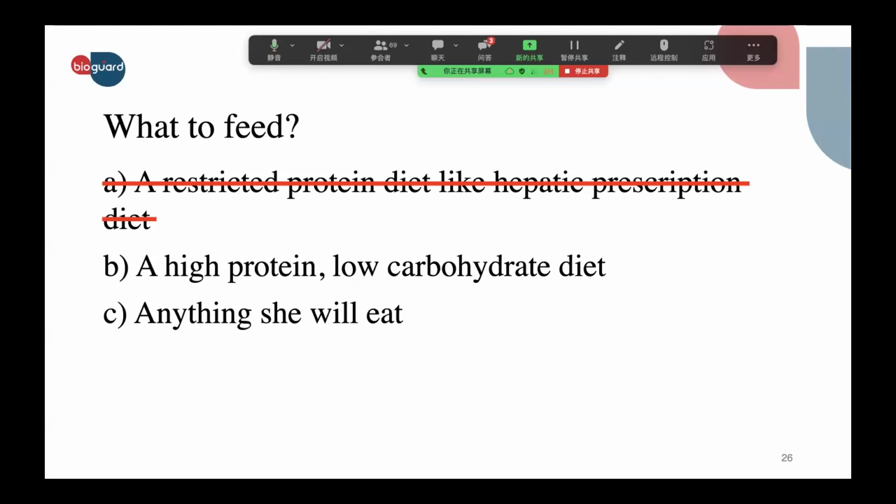And we know that the liver right now needs more protein to have the energy to metabolize the fatty tissue in the liver. So we need to choose either anything she wants to eat or a high protein diet.